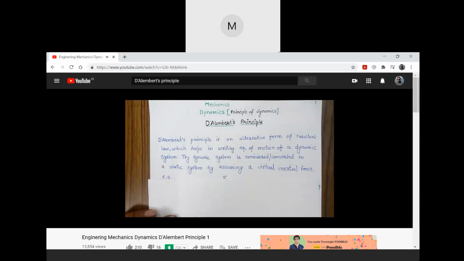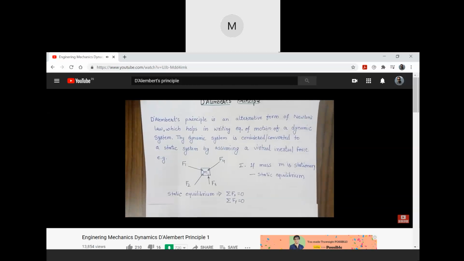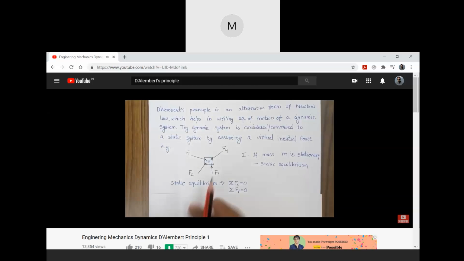Basically, we add a virtual force on the dynamic system so that we can write the equation of motion for the dynamic system by considering it as a static system. To understand this, let's consider a problem where we have a mass M and four different forces F1, F2, F3 and F4 acting on mass M, and because of all these forces the system is not moving.